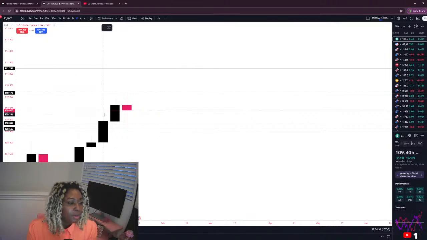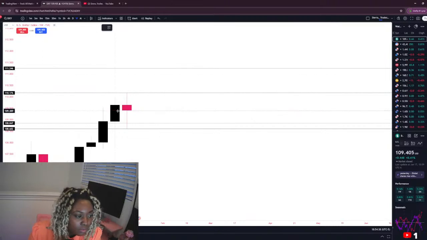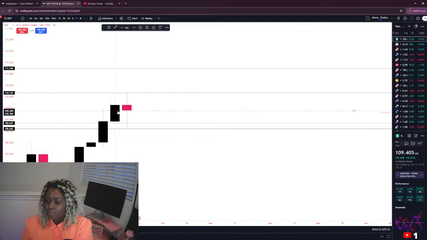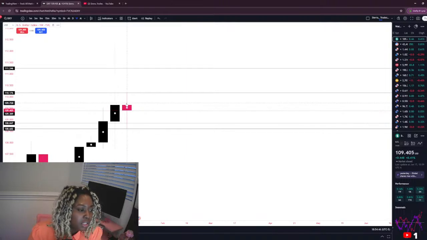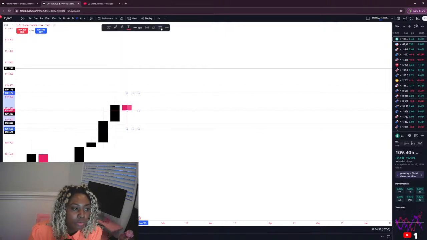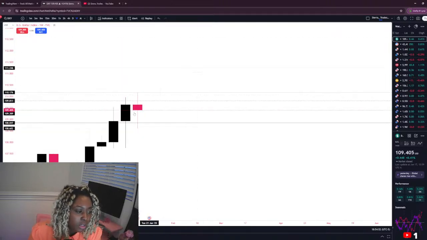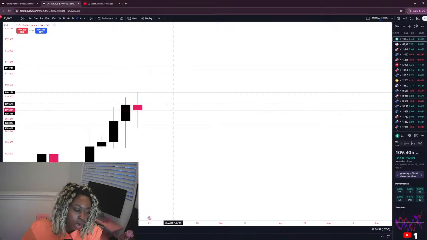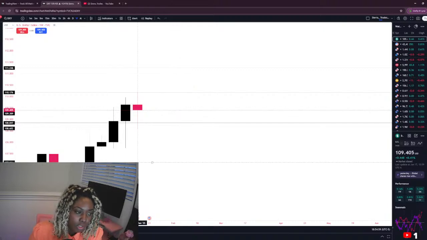All right, now I'm gonna put a horizontal line right here at 50%. All right, so all of the lines that are left on my screen are essentially support and resistance. These are zones that I use to look for entries on lower time frames.